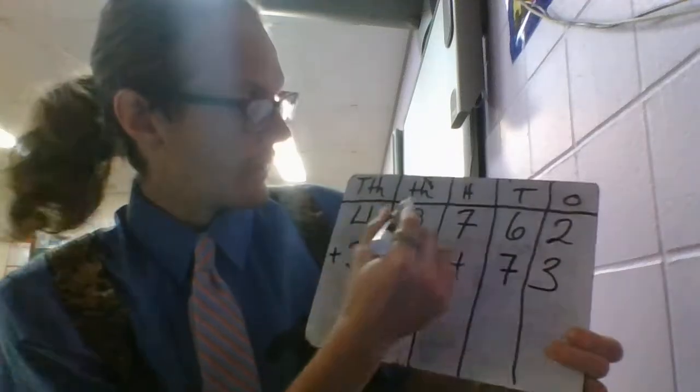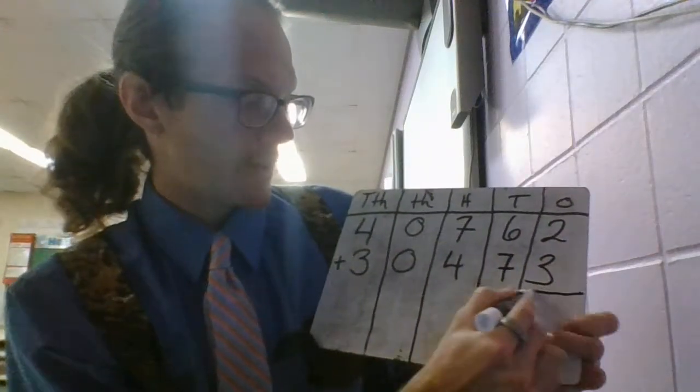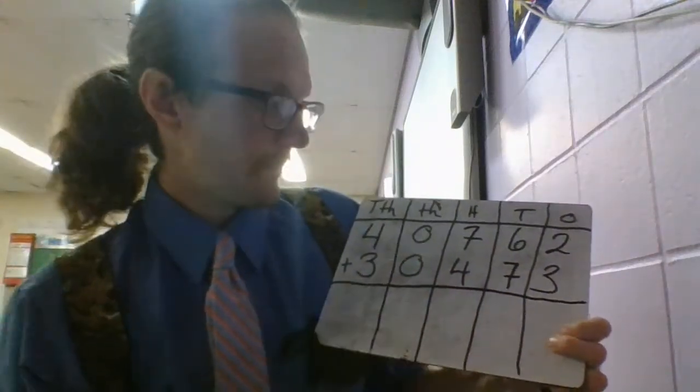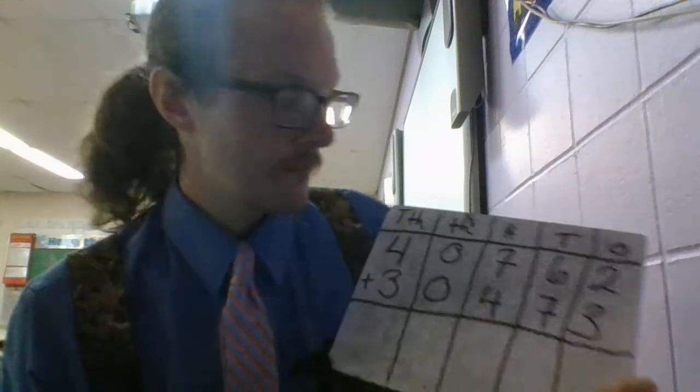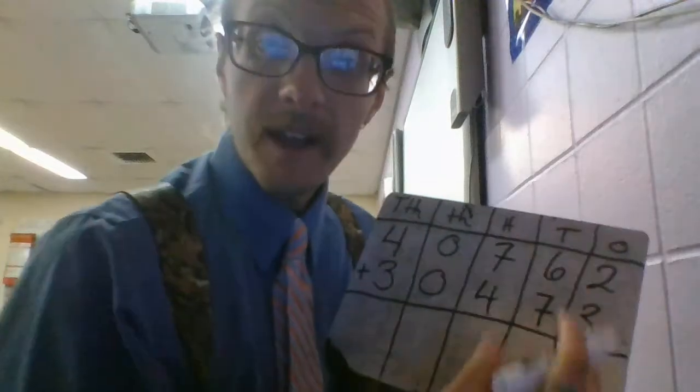We are going to add these two together. So go ahead and draw a line across the bottom. Starting at the ones. Why? Because you have to. Whatever we do, you're starting in the ones. Always.